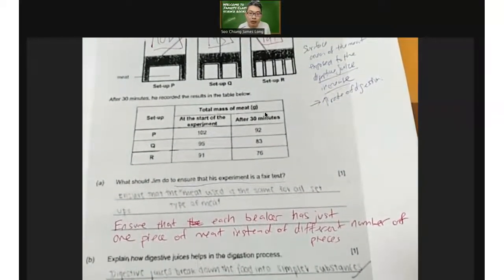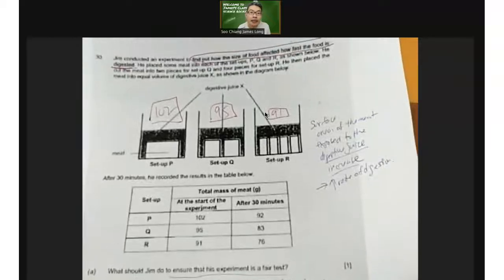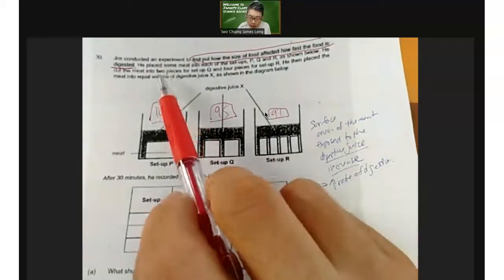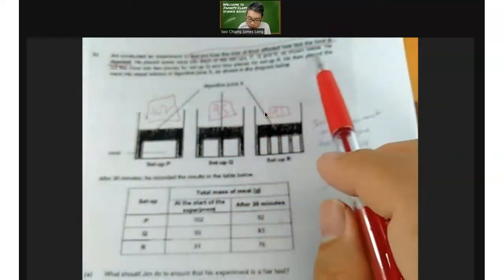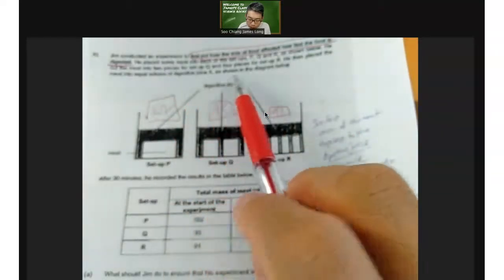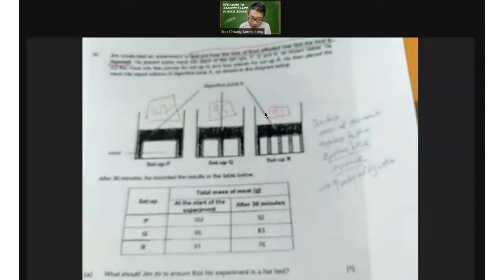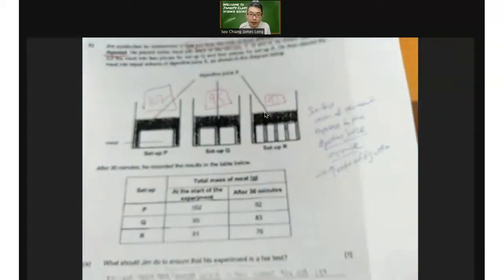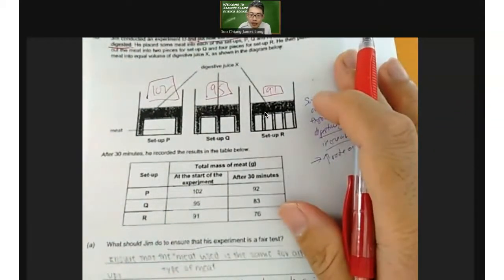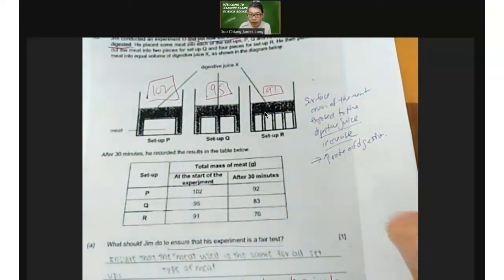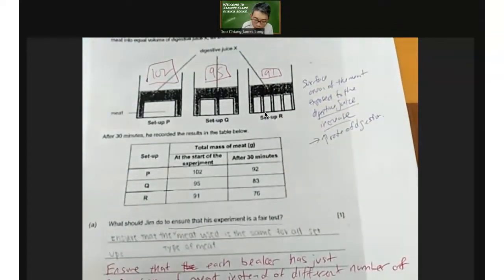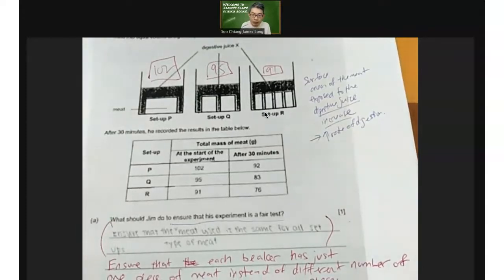Now, they talk about the kind of meat being the same. Let's take a look. Here, he placed some meat into each of the setups. There's no mention that the meat is the same kind of meat. Alright? It's fair to make an assumption that the meat is the same kind of meat. But because the question didn't state exactly so, it's better if the question has stated it. Because the question didn't state so, this answer is kind of no choice the teachers have to accept.